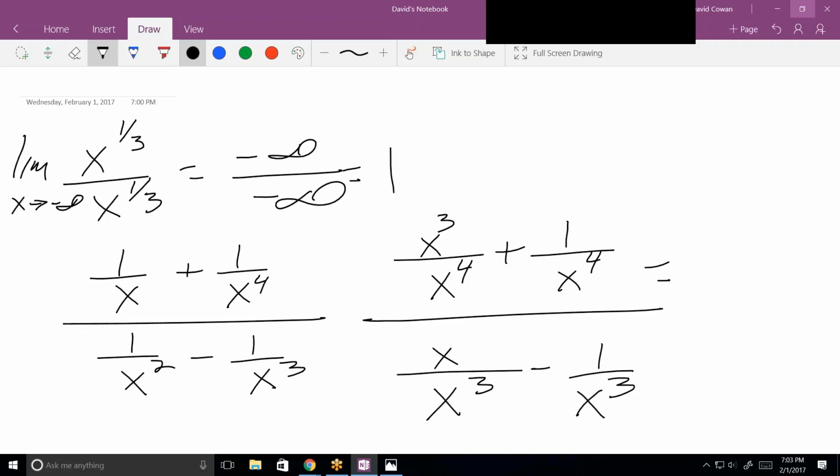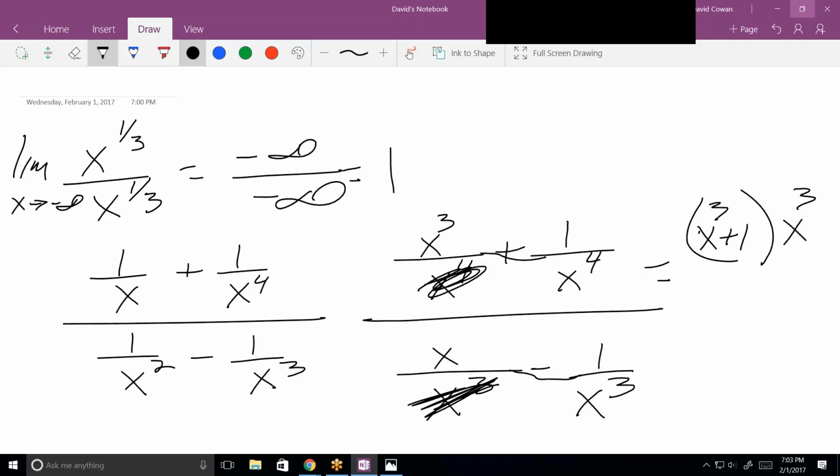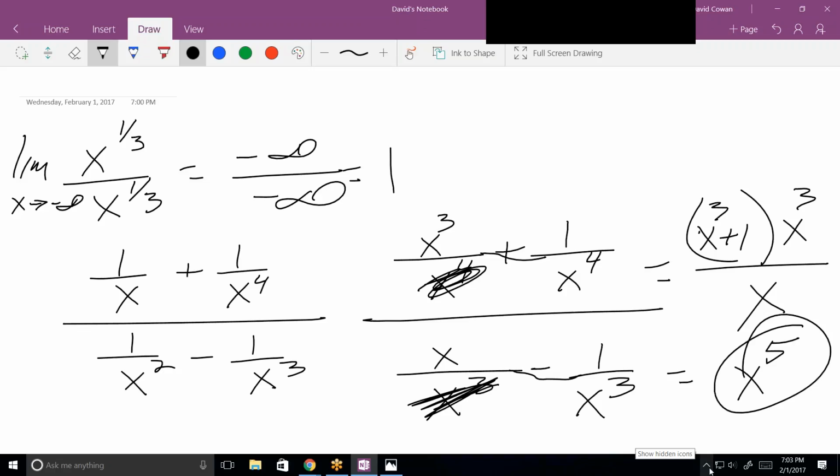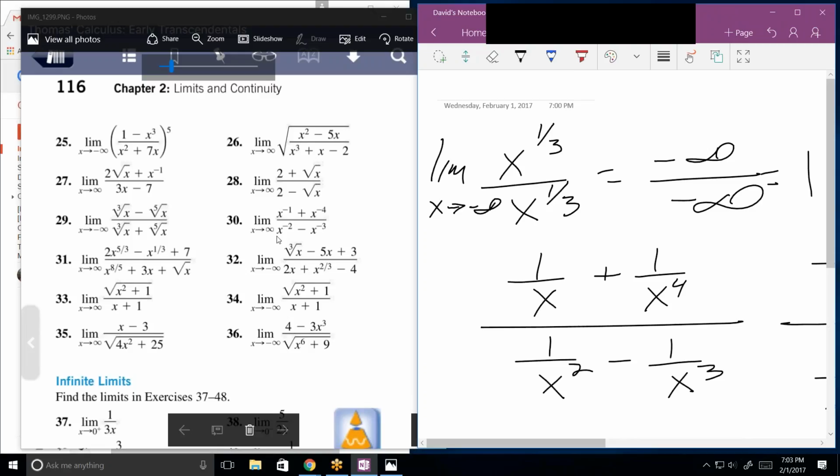Now if I flip and multiply, I get x cubed plus 1 times x cubed all over x. That's the same as x to the 5th. What's that go to as x goes to positive infinity?